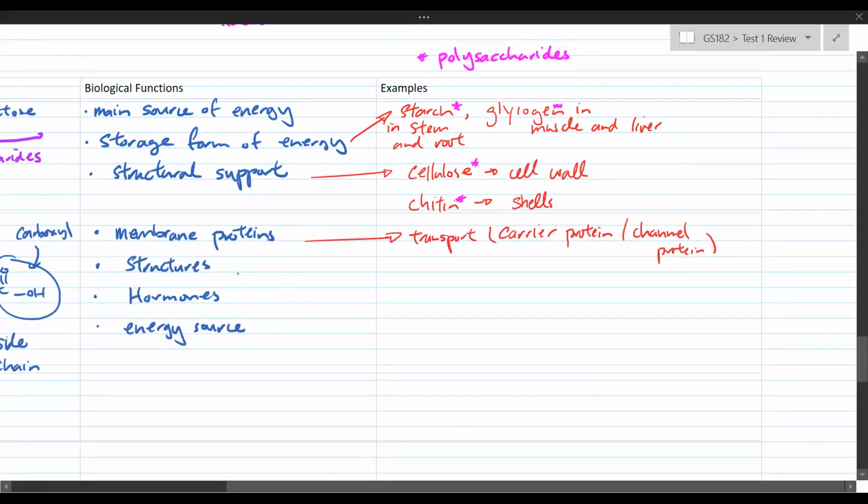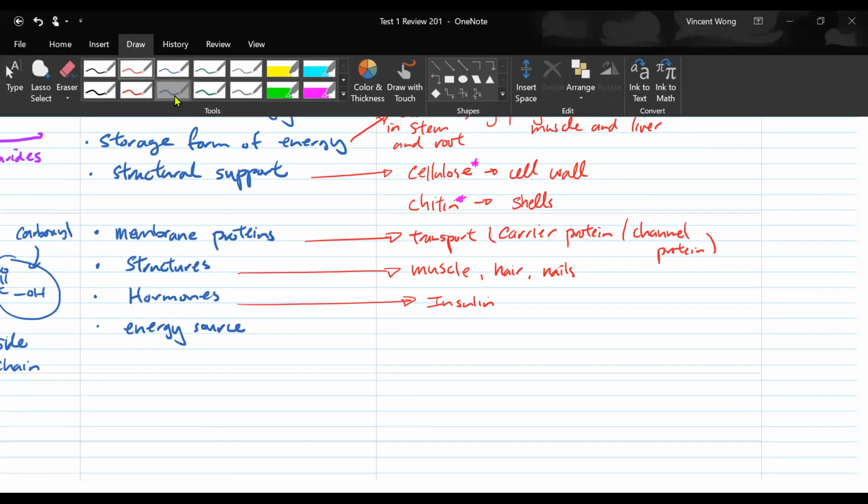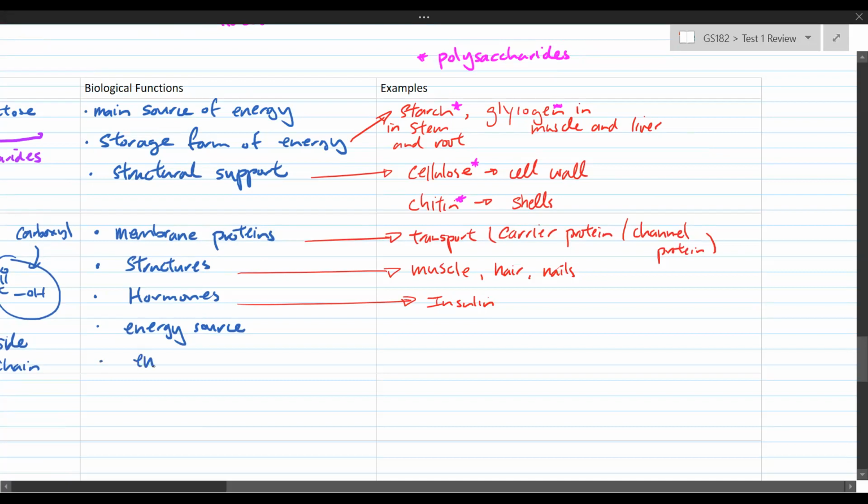Structure. I talked about structure already, right? Like muscle, hair, nails. Hormones, like insulin. And of course, I missed one here. They can also be enzymes, right?